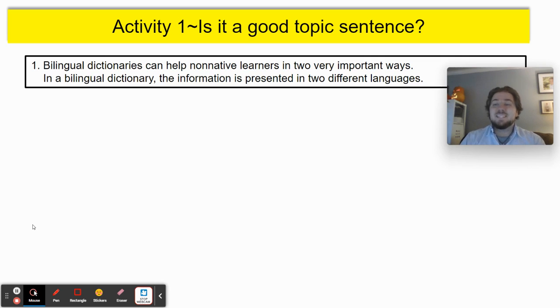Now, the second sentence is simply a fact. That means that it doesn't make a great topic sentence. The first one, however, states what they're going to be talking about in the paragraph. It outlines the topic of the paragraph. Now let's move on.